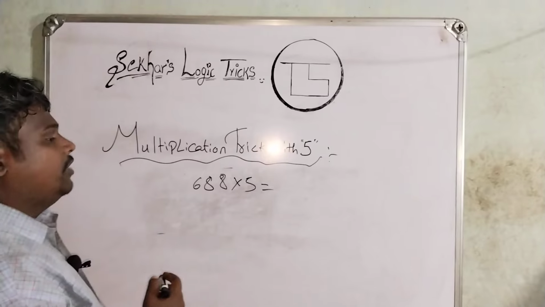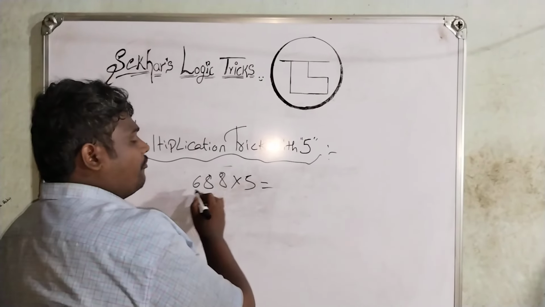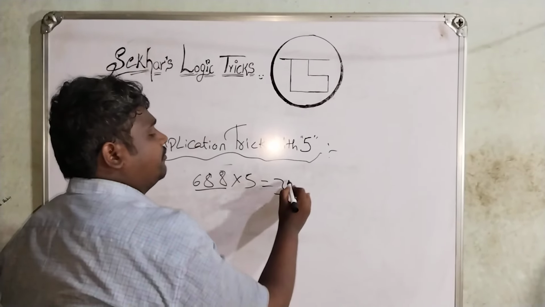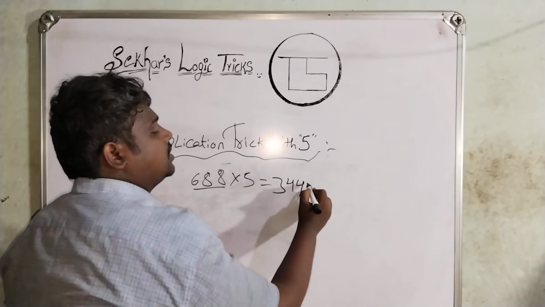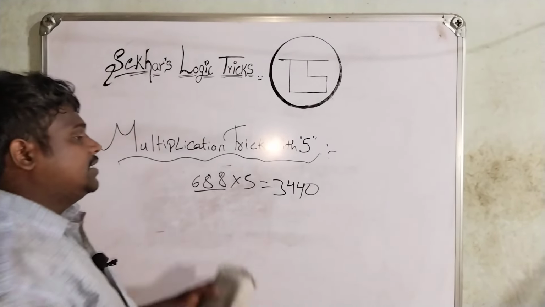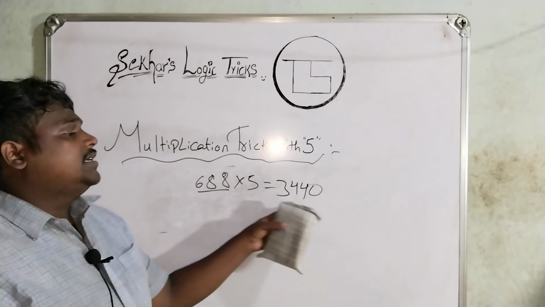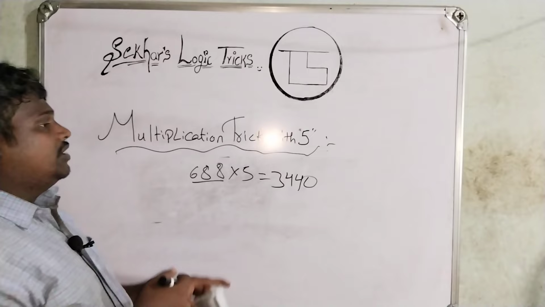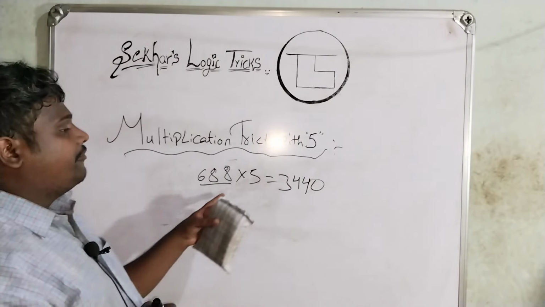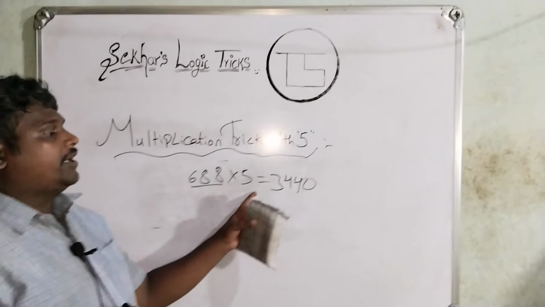688 into 5 is nothing but half of this number, 344, place 0. It is completed. See, by doing a single step, we are finding multiplication with 5.